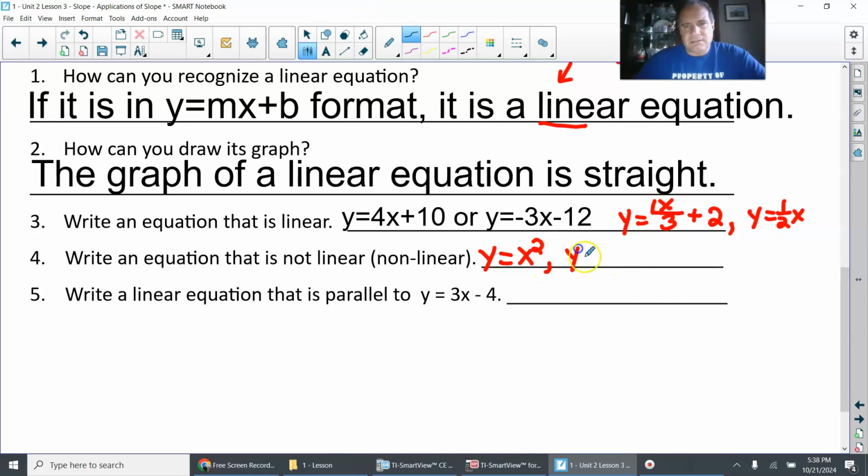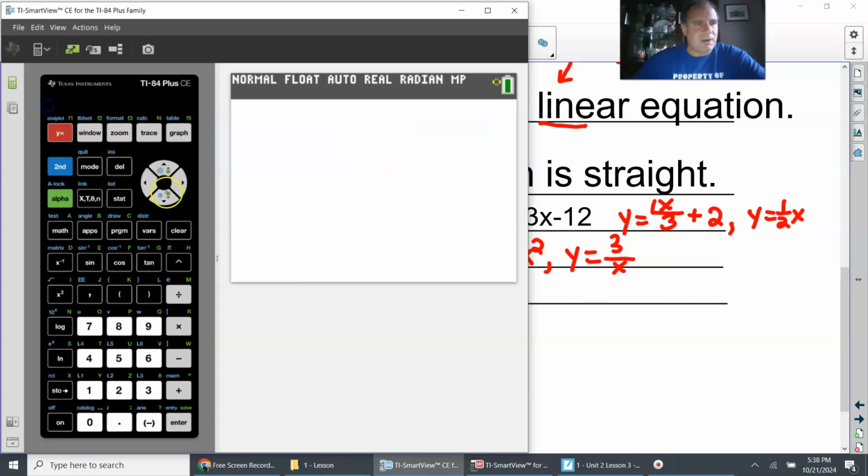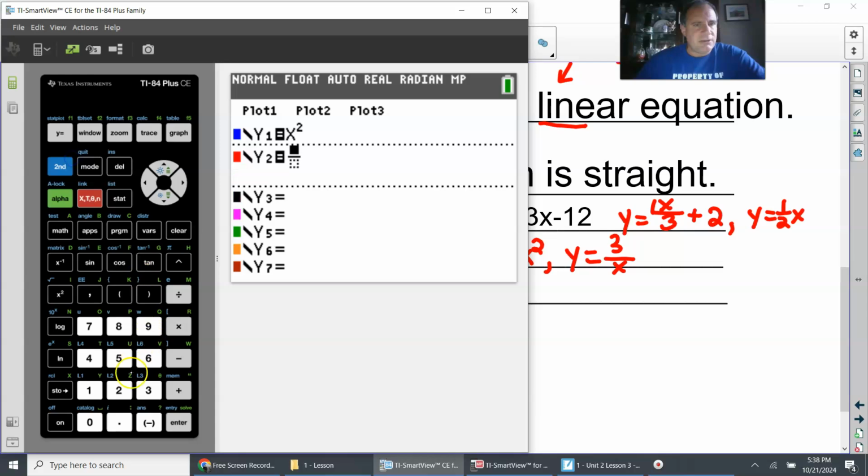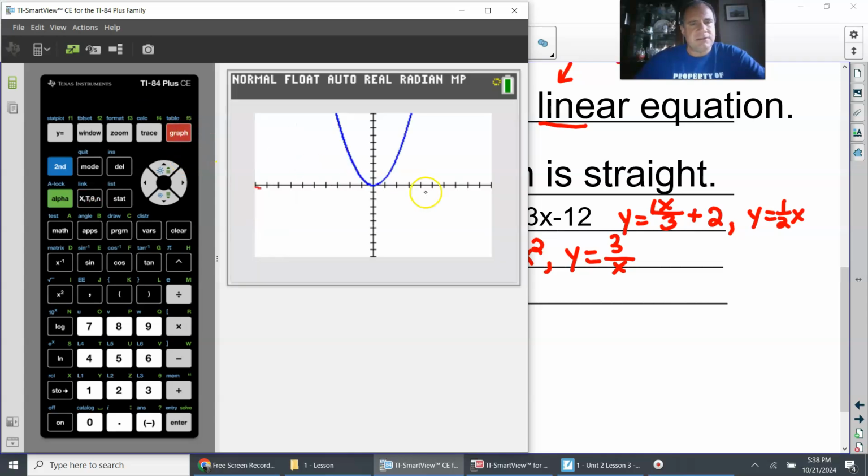The next equation that I want to call your attention to is y equals 3 over x. Y equals 3 over x is non-linear. If you look at y equals and you graph it, you could press alpha x and put 3 over x and you press graph, and you could see that that right there is non-linear.